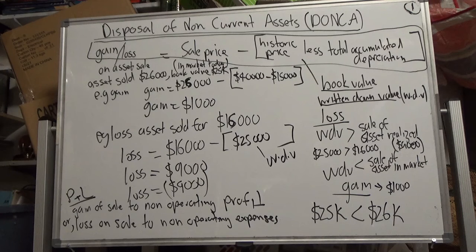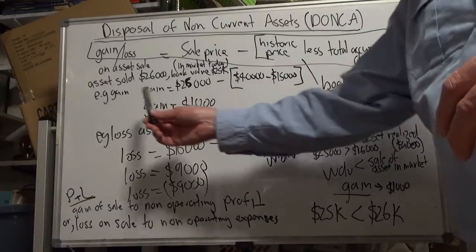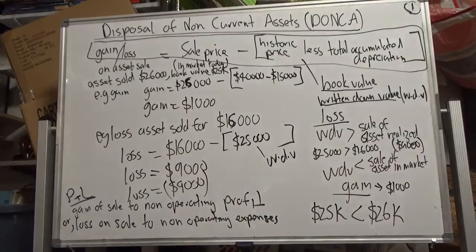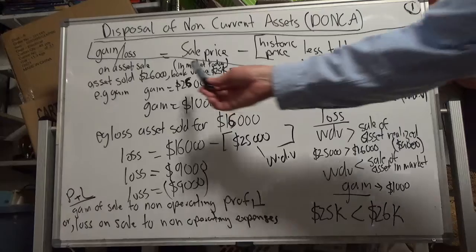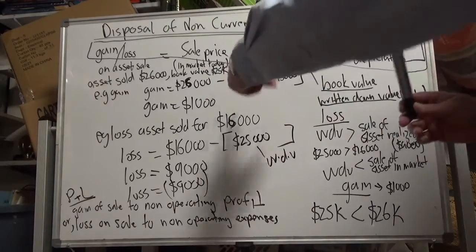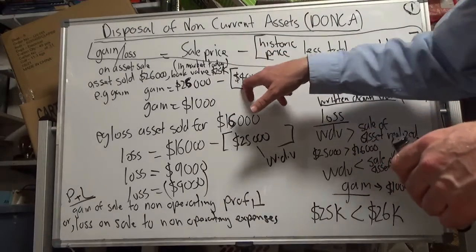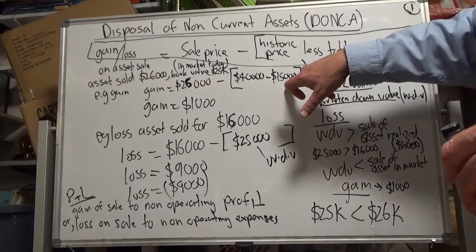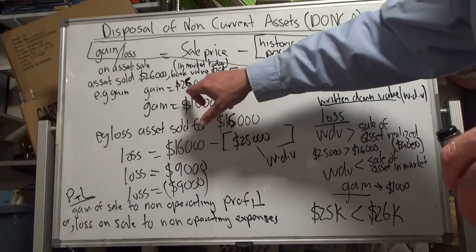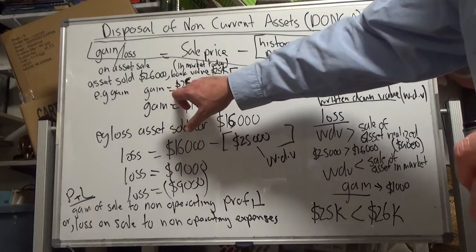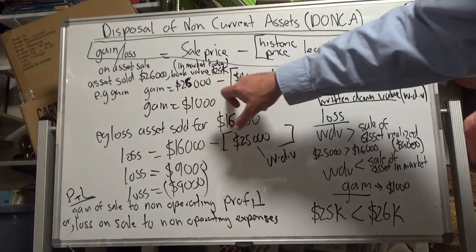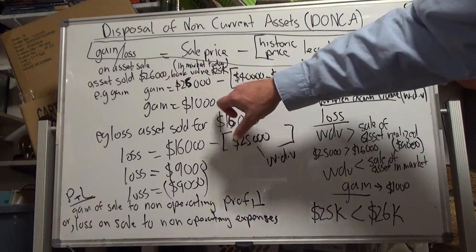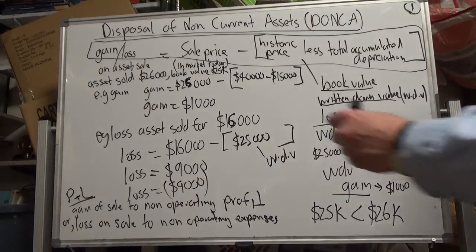So an example is, say the asset was sold for $26,000 and it had a book value of 25k, 40,000 minus 15,000, right? So there's a gain here because 26,000 minus 25,000 gives you a gain of 1,000.